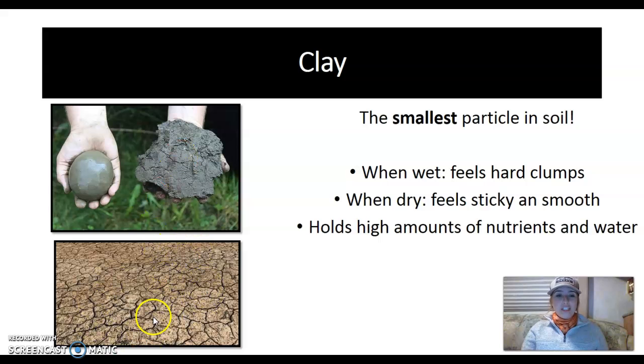If you look down here, the clay is completely dry, and you can see all the cracks in it from it drying out. And when it's wet, it oftentimes is very glossy, sticky, and smooth. It holds high amounts of nutrients and water as well.